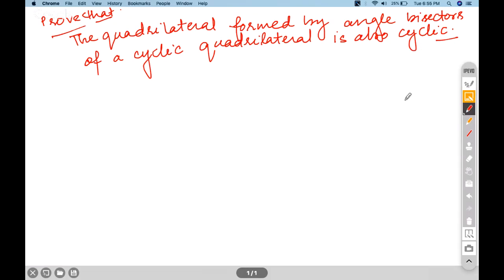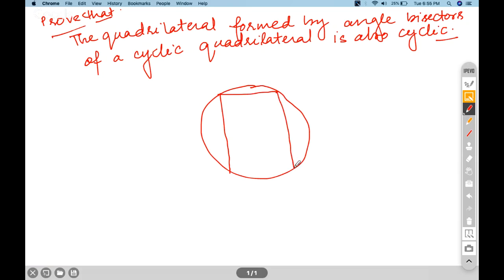Suppose I name the cyclic quadrilateral ABCD. And what I do is I have angular bisectors. Now angular bisectors are making a quadrilateral, something like this.